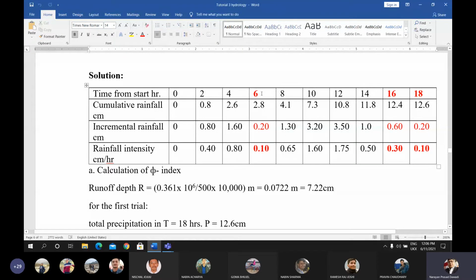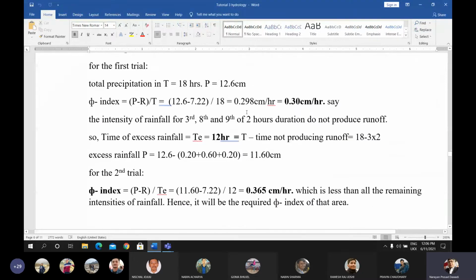Deducting 3 into 2 hours from 18 hours, you will get the time of excess rainfall of 12 hours.